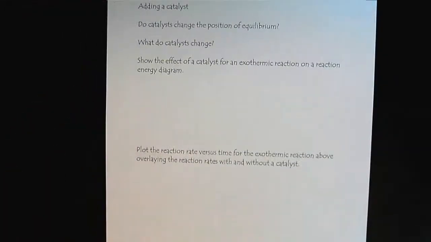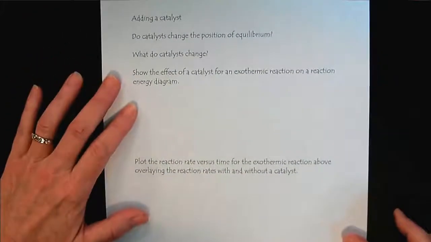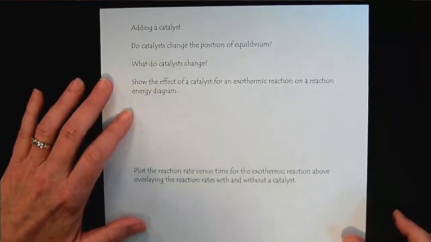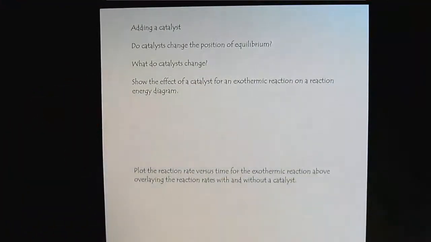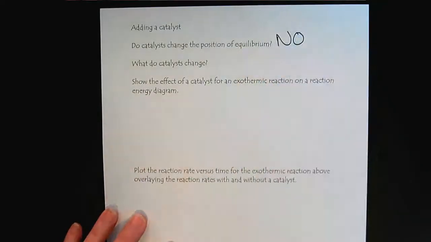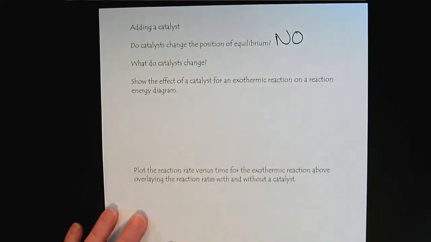Okay, so now we have a concept that wasn't talked about before, but it's important to look at the effects of a catalyst. Do catalysts change the position of equilibrium? No. What do catalysts change?